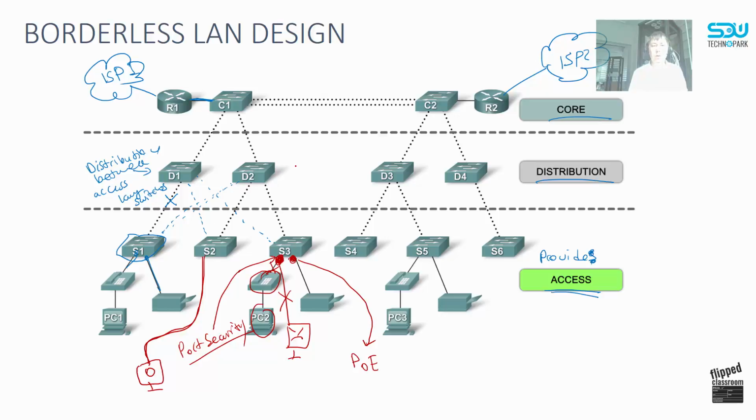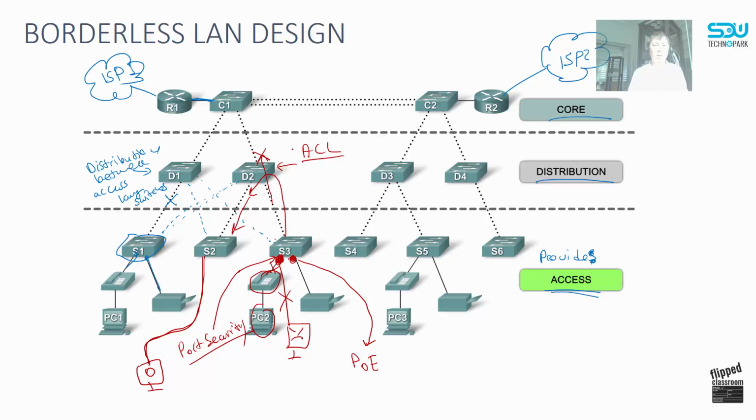Whereas in the distribution layer switch, we also have a security mechanism called ACL, access control list, which can make filtration. For example, you can allow communication from this access layer switch to that access layer switch, but from switch 3 access layer switch, we cannot make communication to a core access layer switch.